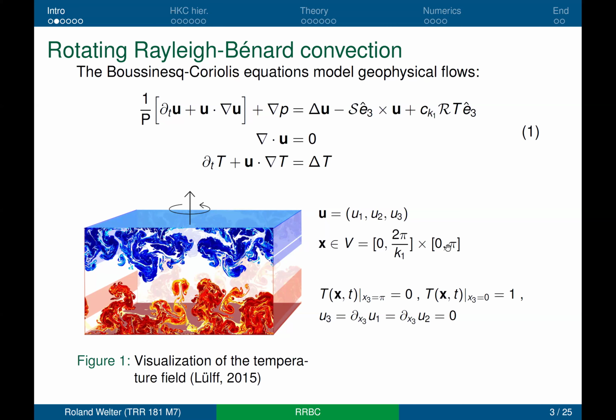For simplicity, we'll assume that it's so-called 2.5 dimensional, so that the velocity has 3 components, but the variables only depend on 2 spatial variables.